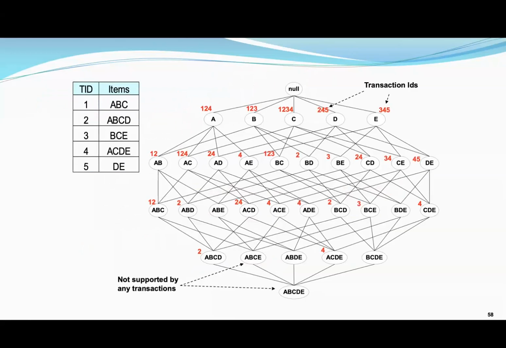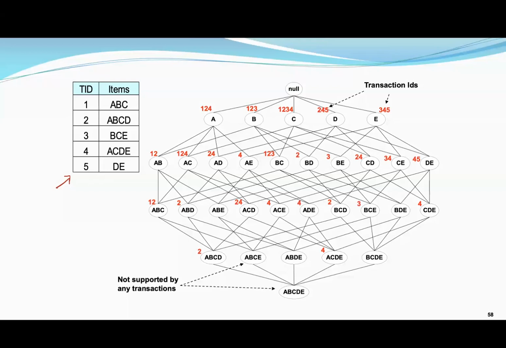Now, let's say here we have another data set. Again, 5 transactions, but this time we have 5 different items, A, B, C, D, E. On the right-hand side, you see the lattice that shows all possible item sets. In this illustration, I labeled each node with red numbers. Those red numbers indicate which transactions in the database support the item set.